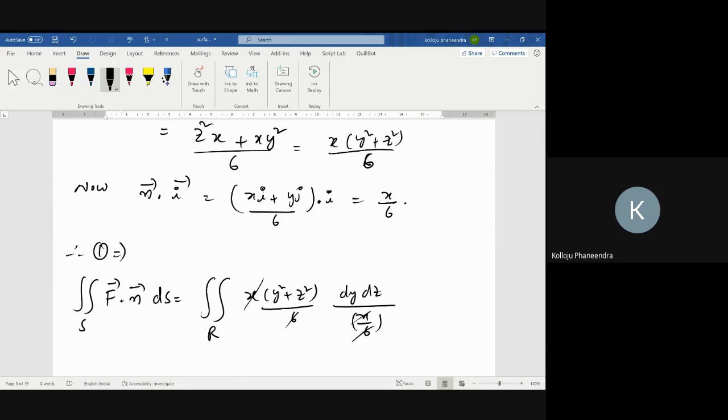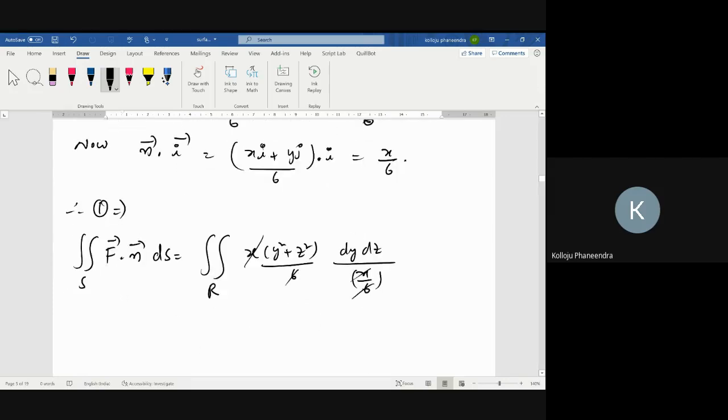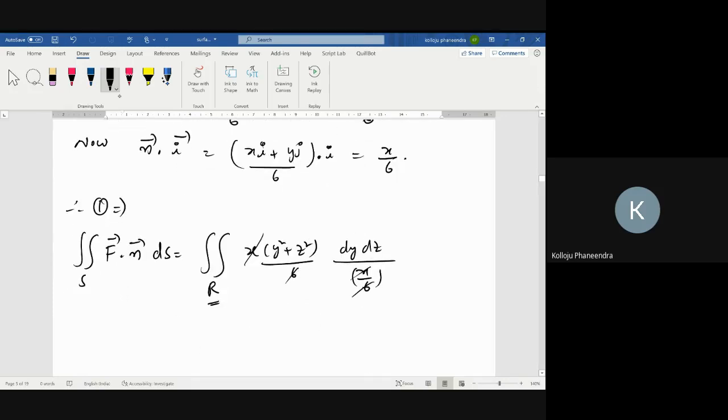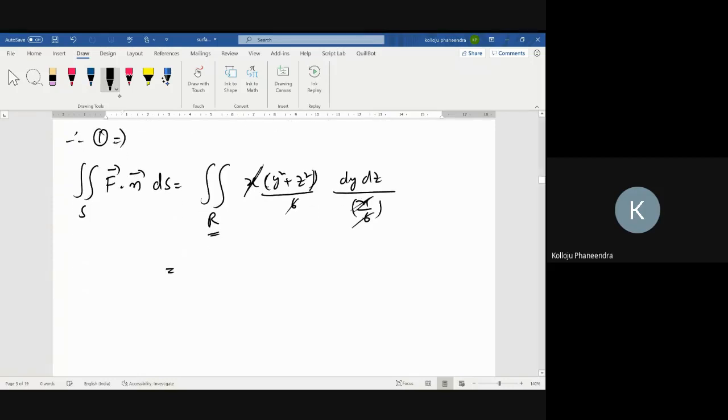Remember, on the YZ plane, the integrand must be in terms of y and z only, because integration is with respect to y and z. We remove the x term from the equation of the surface, but in this problem the x terms are cancelling automatically, so don't bother. So this equals the double integral over R of (y square plus z square) dy dz.